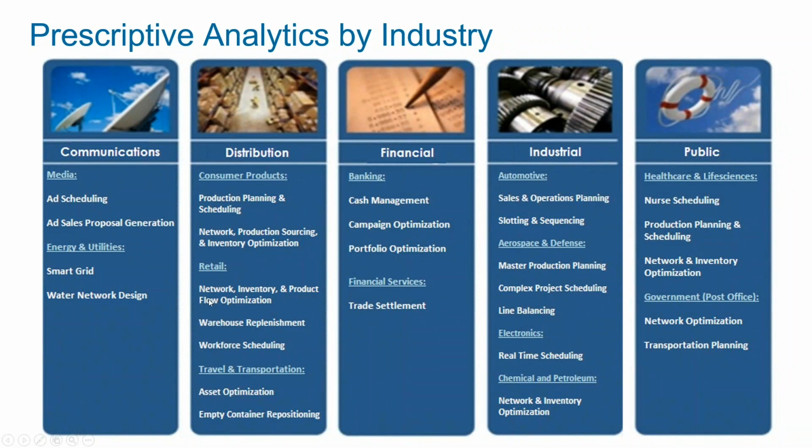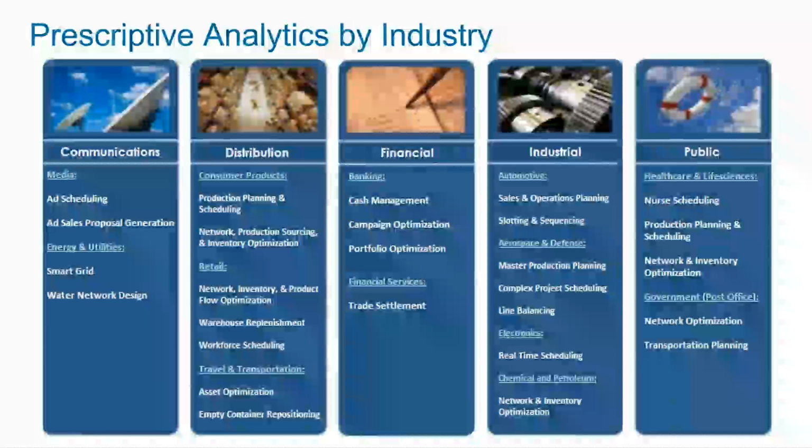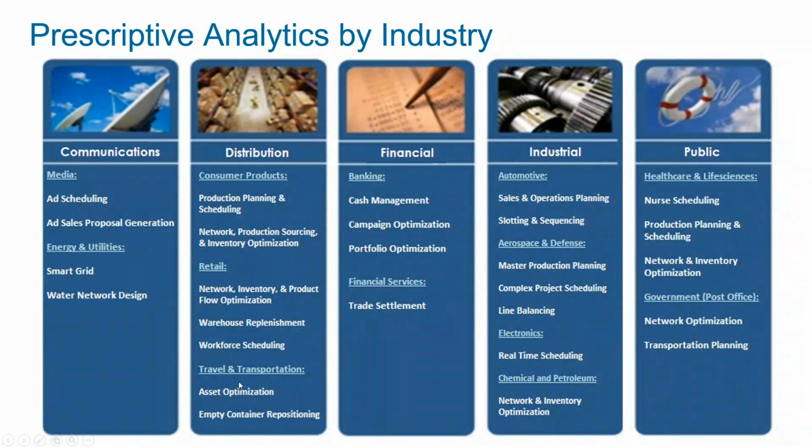In retail, again, network inventory, product flow optimization, warehouse replenishment, workforce scheduling. So when you go into a supermarket, you see part-time employees, full-time employees. This is workforce scheduling. Workforce scheduling in a hospital, same problem. Travel and transportation, you want to improve your assets.